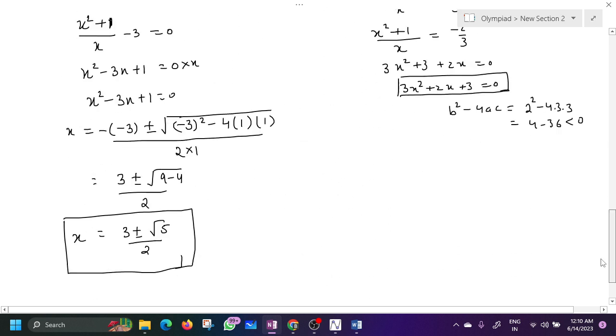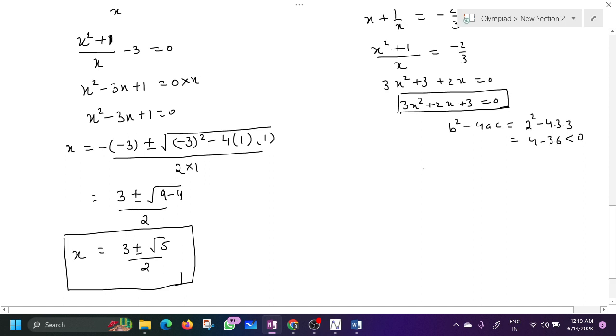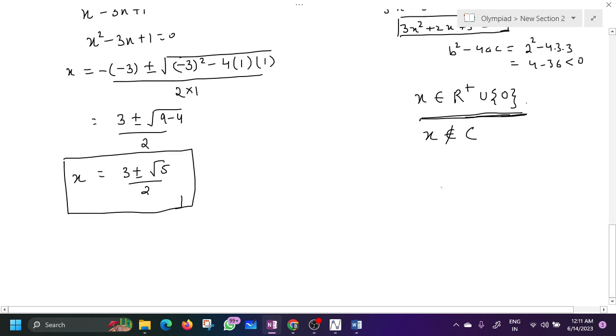So when x is positive, it means x belongs to R plus union with 0. This is the values of your x. So now we can easily say x cannot be a complex number, x cannot belong to C, the domain of complex. So these values from this equation are not acceptable. So we will reject these values.